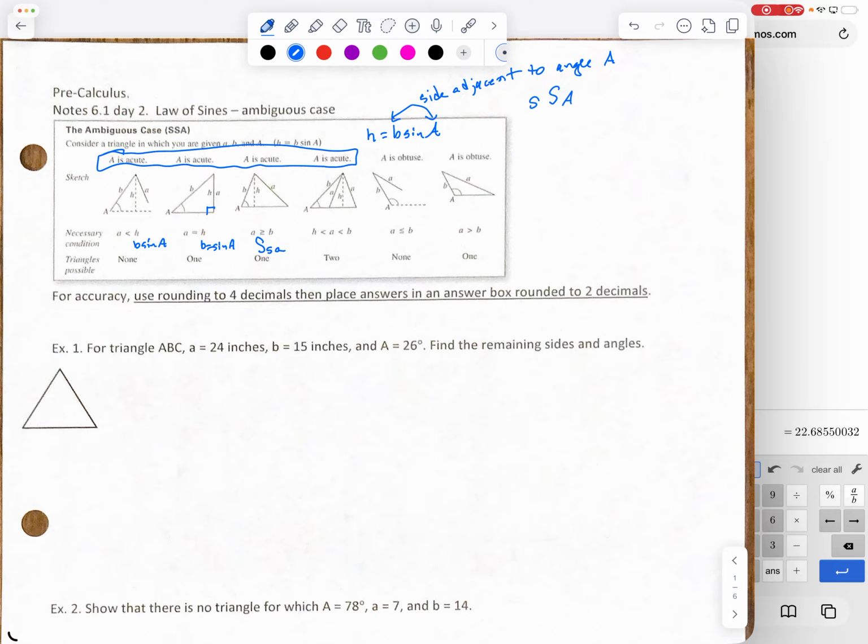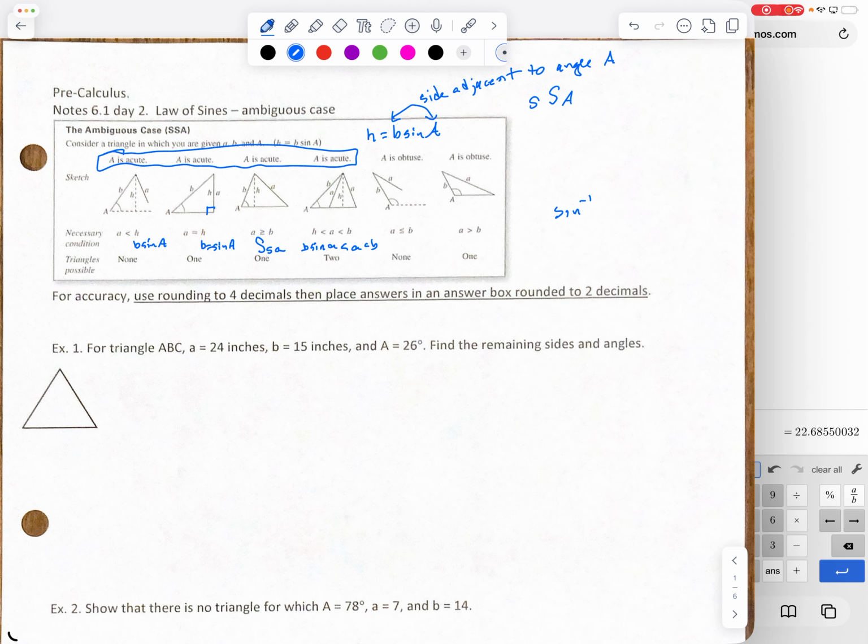And so then we're just going to go ahead and set up the law of sines. We have 24 is to the sine of 26 degrees, as 15 is to the sine of angle B. And as I mentioned in notes yesterday, when you're trying to find the angle, it's easier if we use this flipped. It's a property of proportions. They are equivalent.